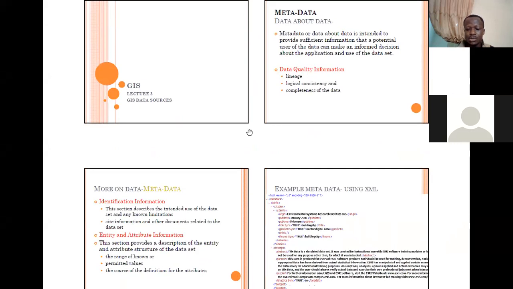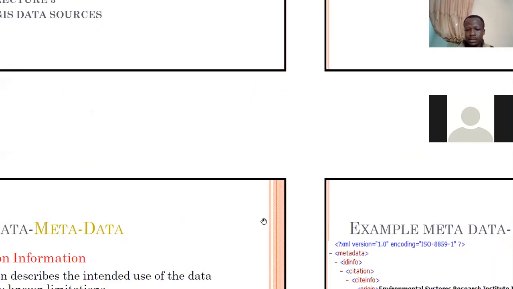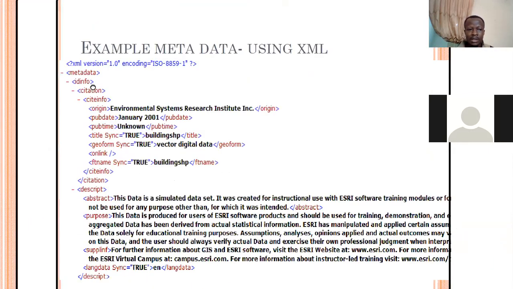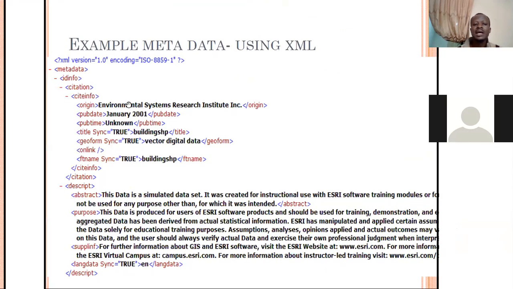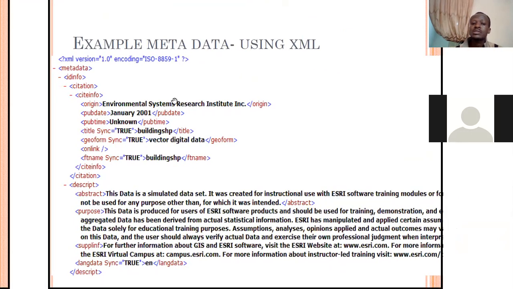So metadata looks like what we see here. The data is coming from Environmental Systems Research Institute, Lineage. The publication data, the metadata was made available. You can have the intended purpose of the data.